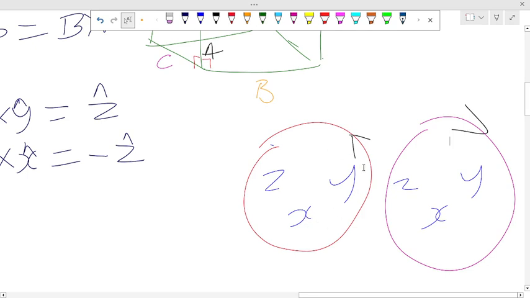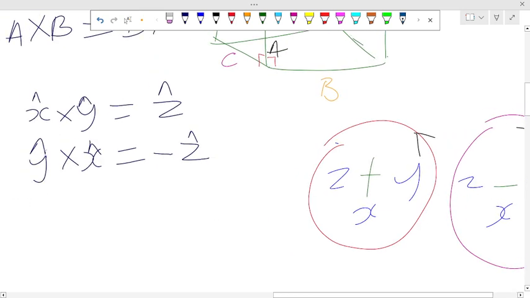Going like this, X cross Y will give you Z. Y cross Z will give you X. Are we seeing the pattern now? This is for positive and this is for negative. But if we go in this direction, saying Y cross X, that will give you minus Z. I hope you can see what we're talking about now.